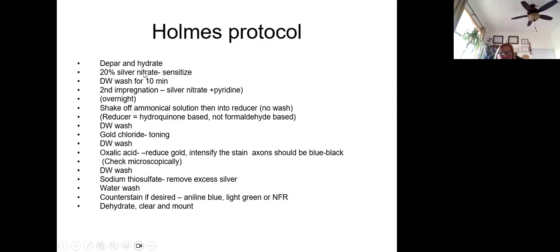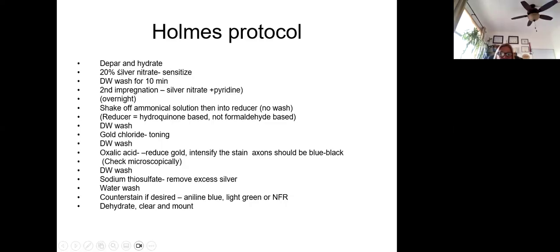We're going to go into a 20% silver nitrate. That's going to sensitize. So you're using a diamine silver here in a stain to sensitize for your ammoniacal silver. Okay, so 20% silver nitrate, distilled water wash.